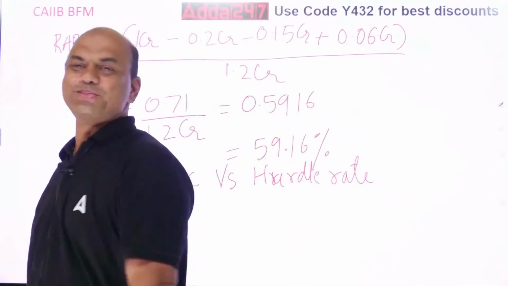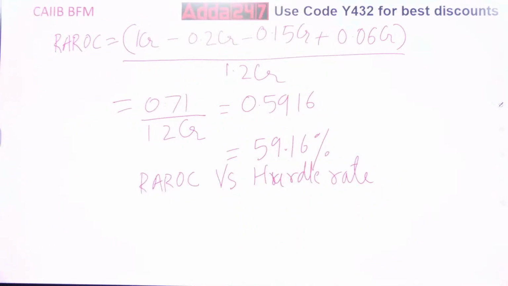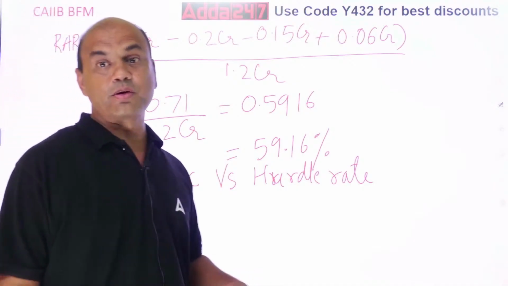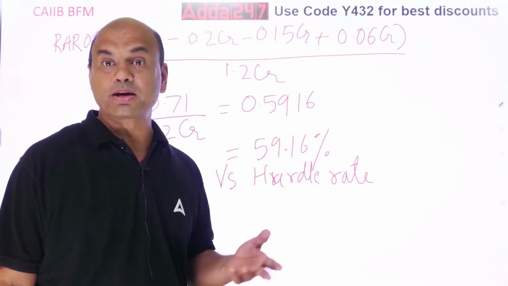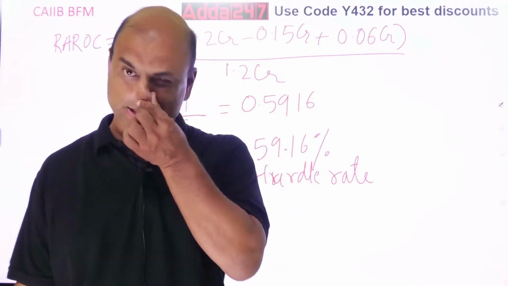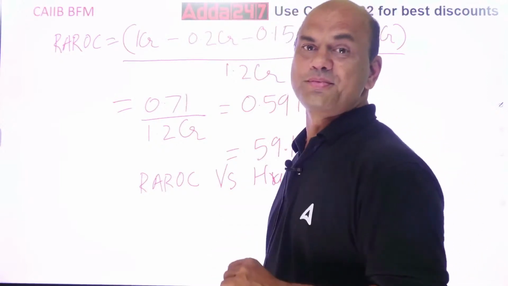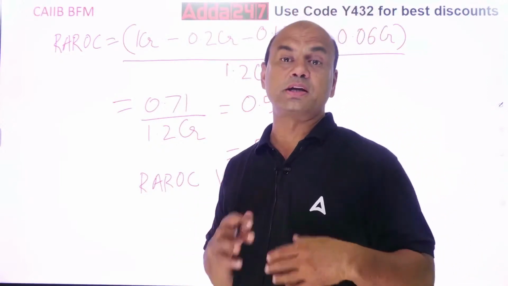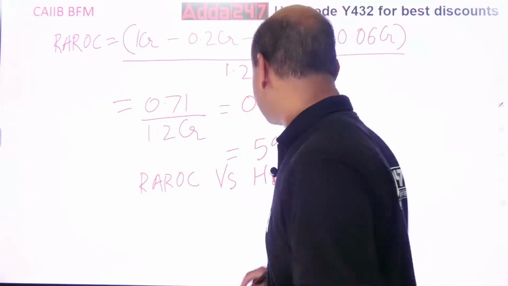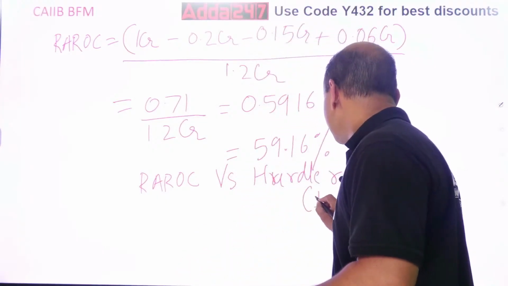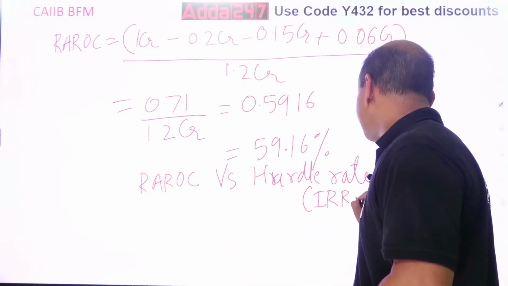What is the hurdle rate? It is the minimum rate which I am expecting from any project. So what can I call this? You have studied this rate, but you don't know it, because you studied it with a different name. That is called IRR, internal rate of return.